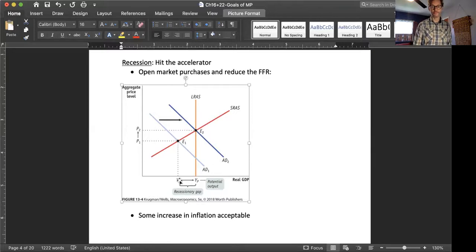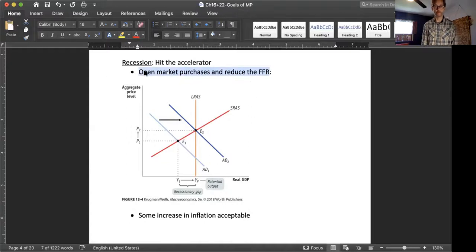What should the Federal Reserve be trying to do? The Federal Reserve in this case, when the economy slows down, should be trying to stimulate the economy and move it back from E1 to E2. How should they do that? By open market purchases and cutting interest rates, right? When the economy slows down, the Fed should be trying to speed it up.